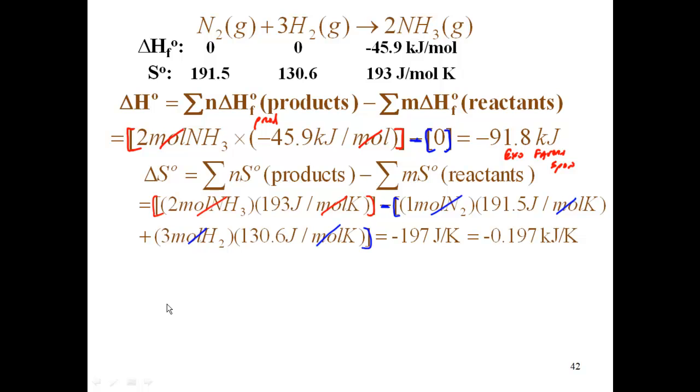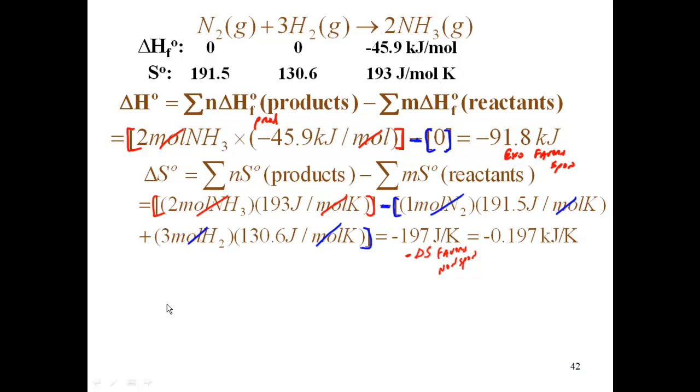Add those numbers up, and I get a negative 197 joules per Kelvin, which is basically a decrease in my entropy, which is what we predicted. That favors a non-spontaneous reaction, which is what we said we were going to get.